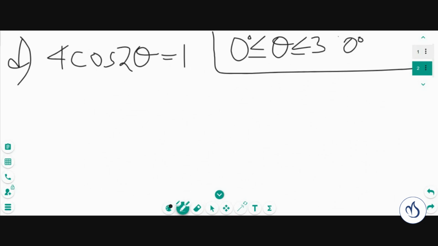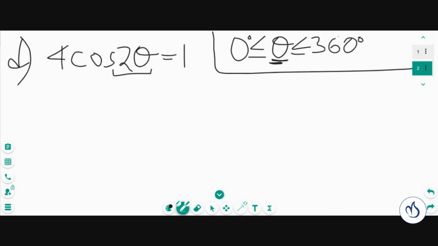This we were told at the beginning of the examples. All the examples we've been doing have theta. Now this one does not have theta, it has 2 theta. So the question and the range are not obviously direct. They're not direct.